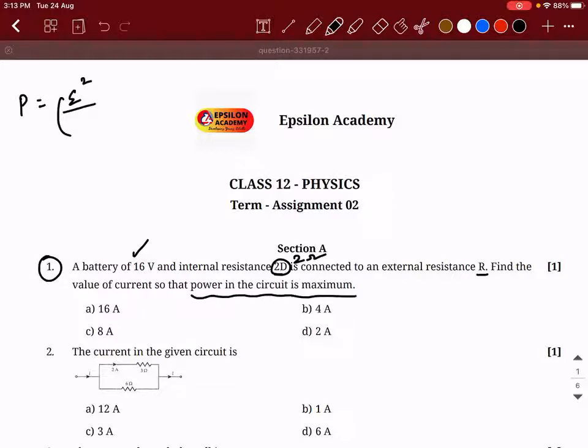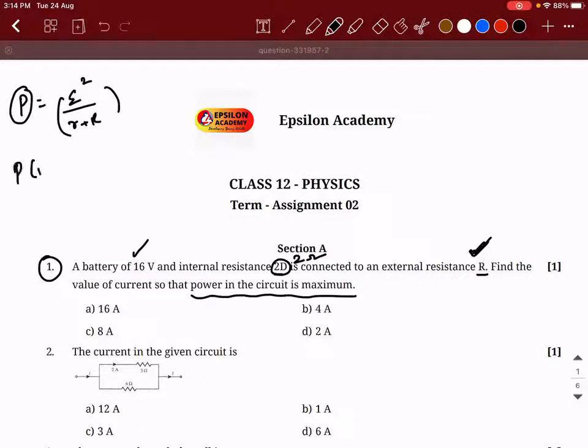Can you tell me the value of total resistance? 2 plus R. So I will take the internal resistance as small r plus capital R. Here the external resistance is going to be constant. So the power will be maximum. This is a concept slightly outside your textbook, so please make a note of this point.